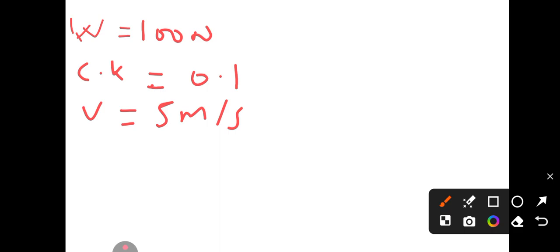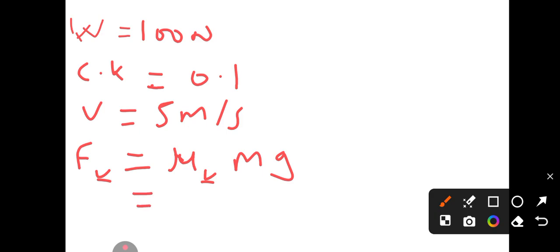Then we have to calculate the kinetic friction. The formula we have already given, where we say the kinetic friction here is just equal to the coefficient of kinetic friction multiplied by mg, that's the weight.